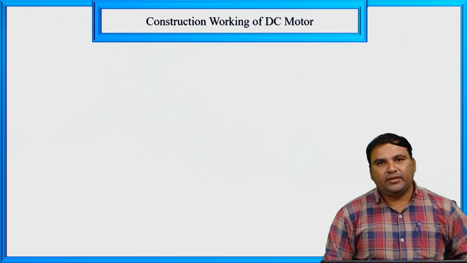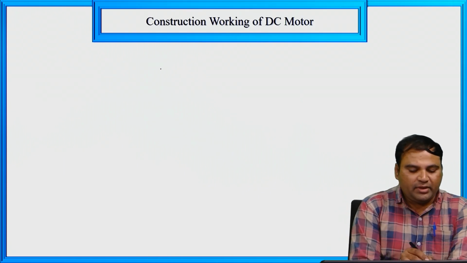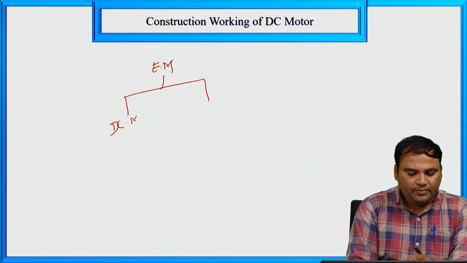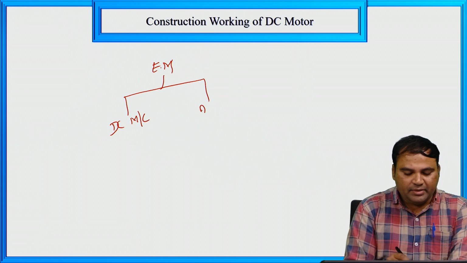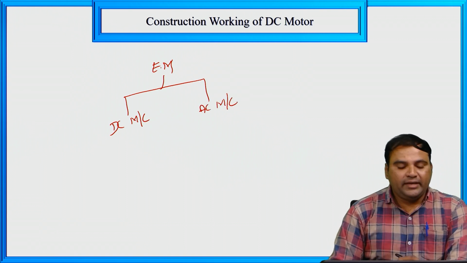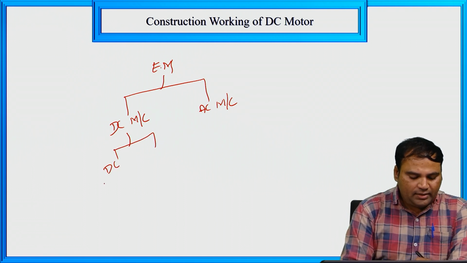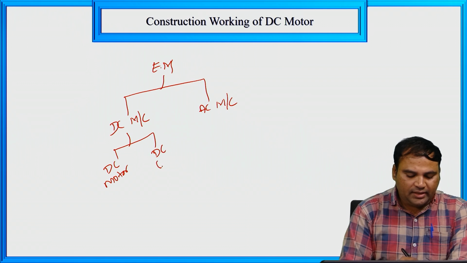Electrical machines mainly consist of two parts: one is DC machine, another one is AC machine. In DC machine, we talk about the DC motor as well as the DC generator.